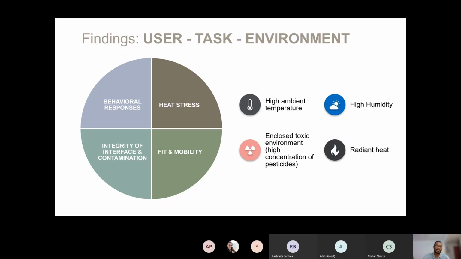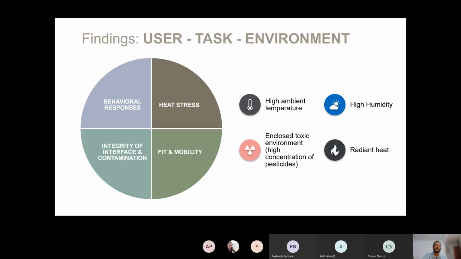So for me, the user is the pesticide applicator. The task is the various tasks involved when a pesticide applicator handles or applies pesticide. And for me, the environment was the traditional greenhouse.